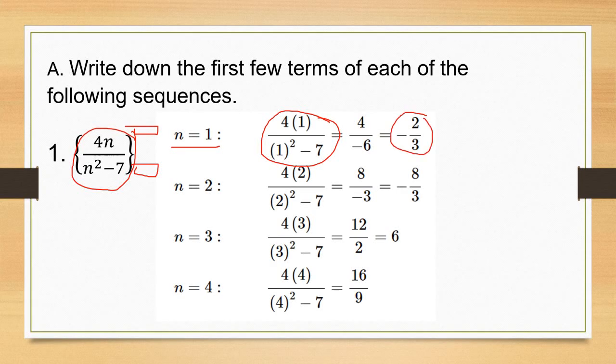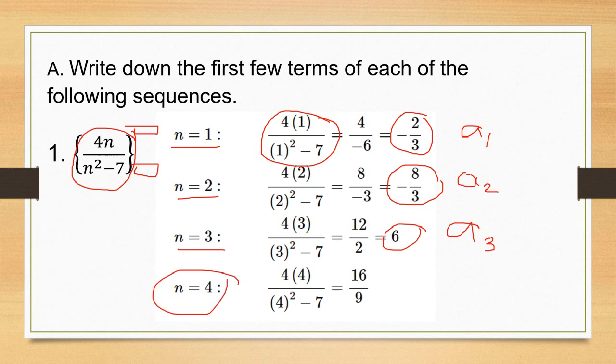If n is equal to 2, our a sub 2 is negative 8 over 3. If n is 3, our a sub 3 is 6. If n is 4, our a sub 4 is 16 over 9.